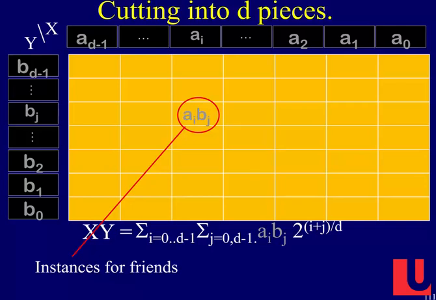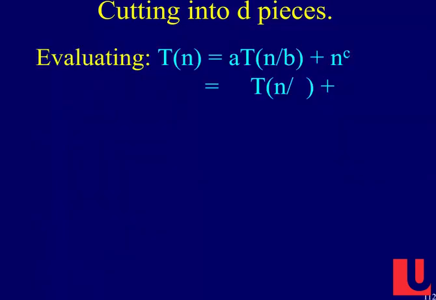So how many friends do we have? There's d here, d here. How many friends do I have? d squared. So now let's try to solve our recurrence relation, where each friend is given 1 over d, and I have d squared friends.